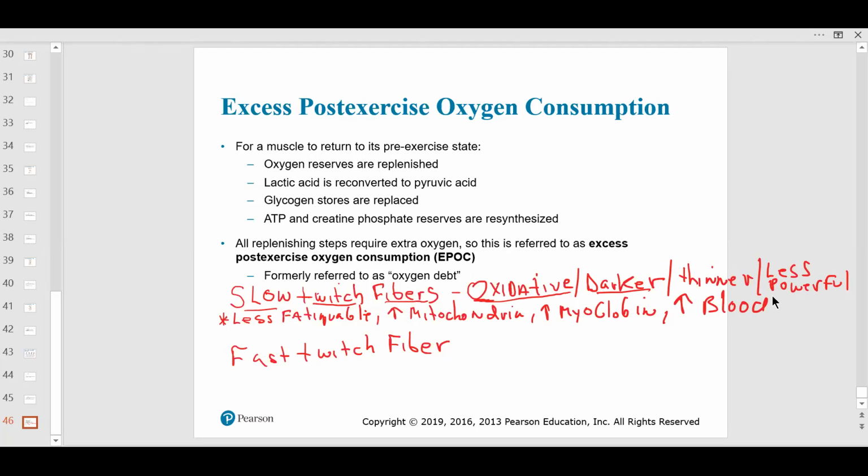Now, the fast twitch fibers are pretty much the opposite. They're what's called glycolytic. So there's less oxygen needed. There's no oxygen. It's anaerobic, right? Where this is slow twitch or aerobic.